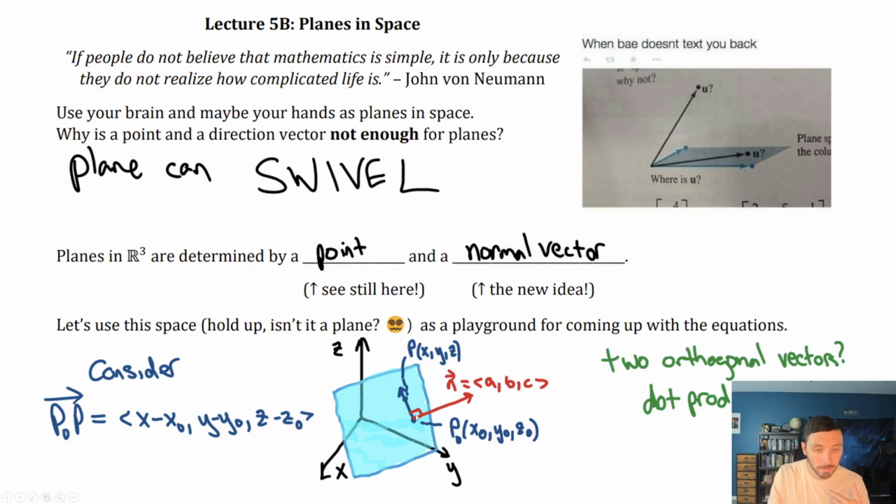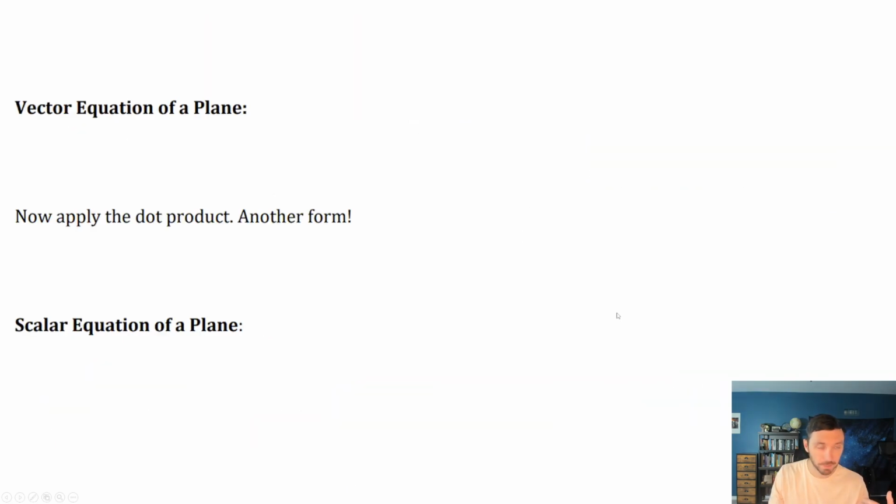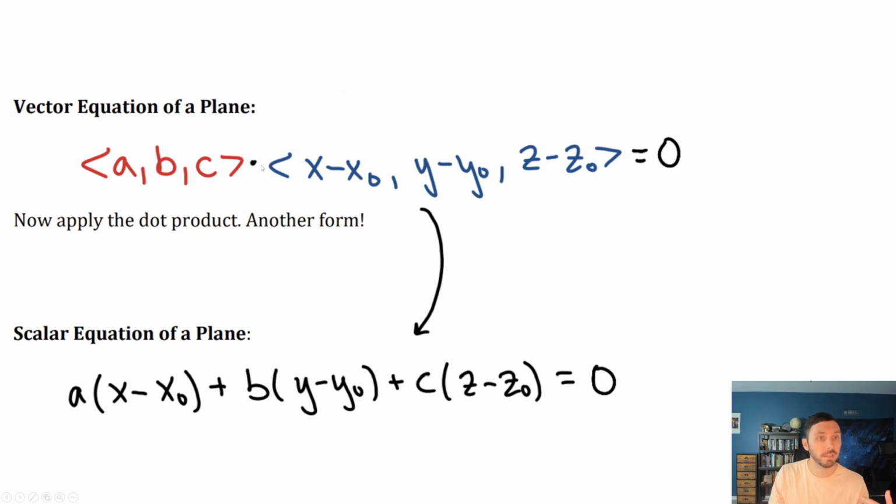I want this to be a right angle, so I want to set the dot product equal to 0, right? That's the whole idea. Here it comes, 3, 2, 1. When I find the dot product to be 0, I am going to say that this is strictly one of the equations of a plane.